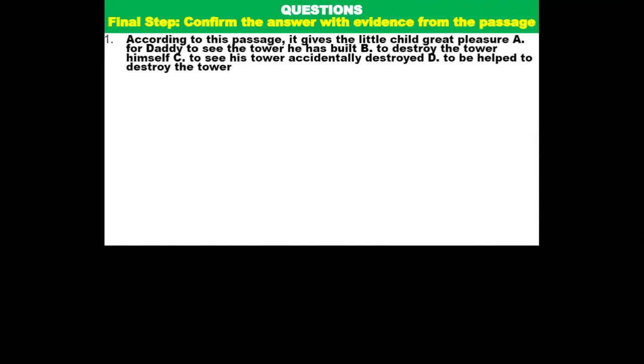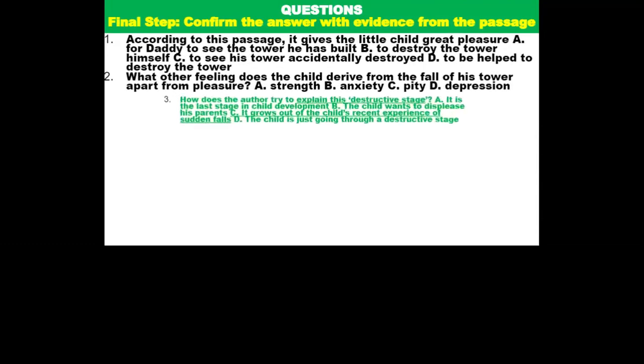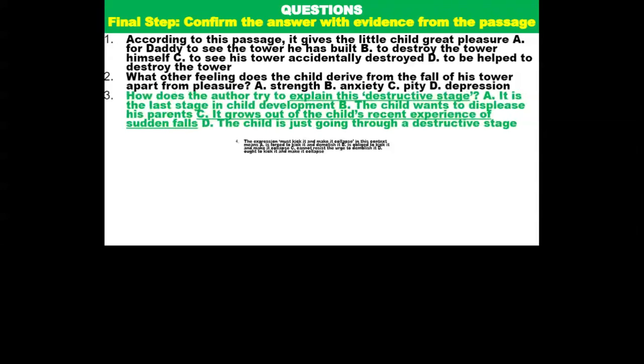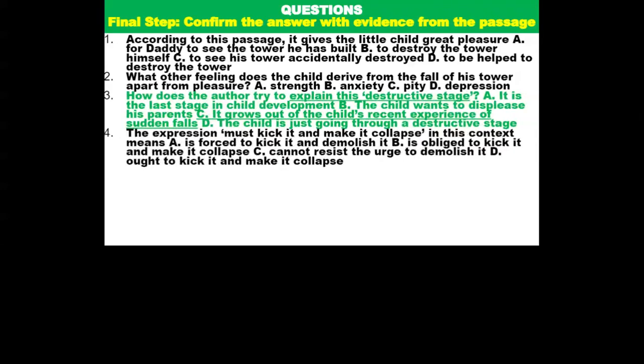This game, I should think, arises from the not so distant experience of sudden falls at the very time when standing upright on wobbly legs afforded a new and fascinating perspective on existence. So this is the evidence from the passage which confirms to us that option C is the correct answer. The answer is it grows out of the child's recent experience of sudden falls.